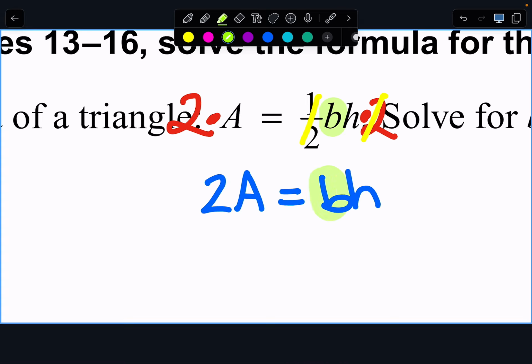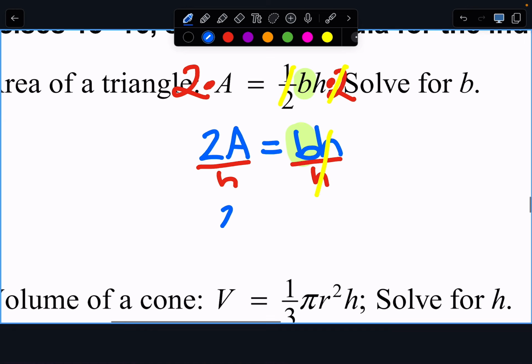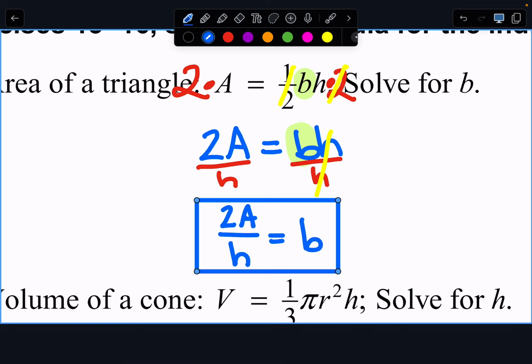Again, we're trying to get B by itself. Divide by H. Okay. So we need to divide. Yes. That's the equation. You just set it upside down. Okay?